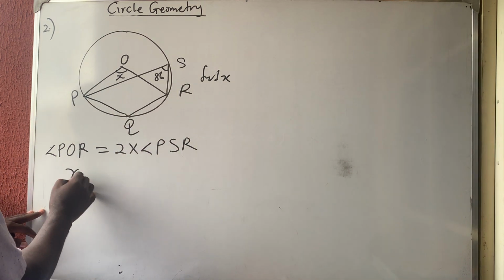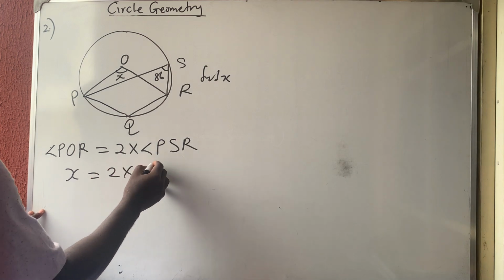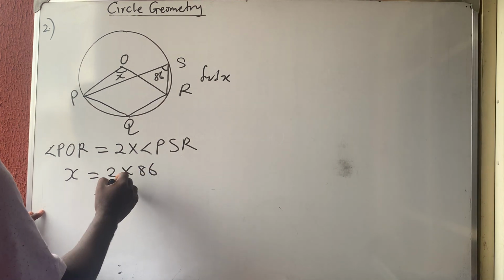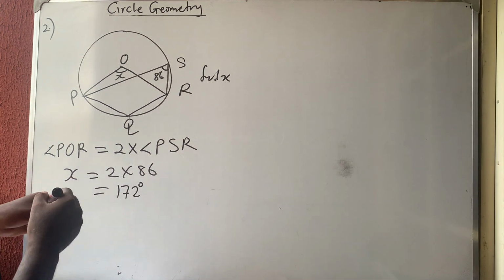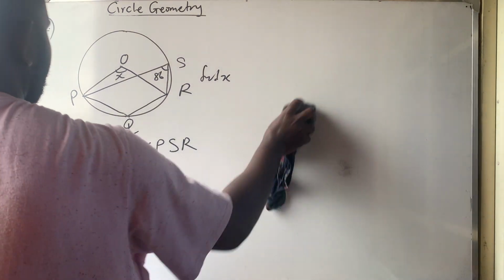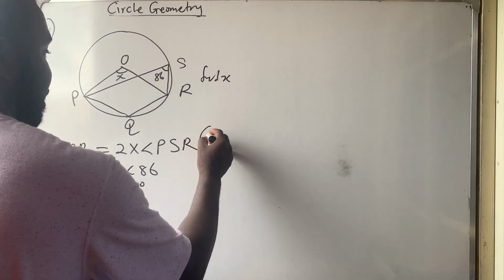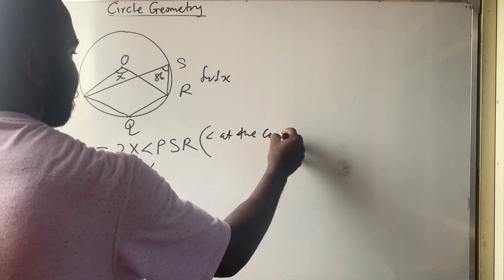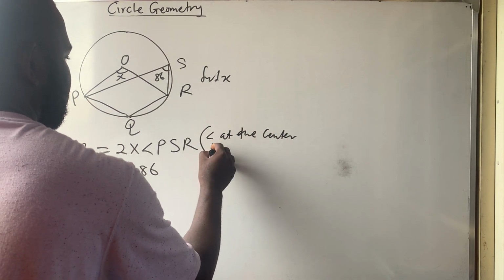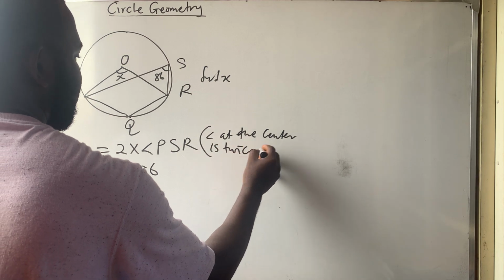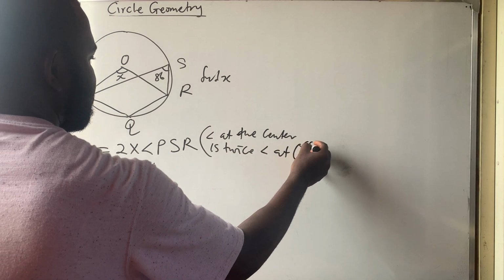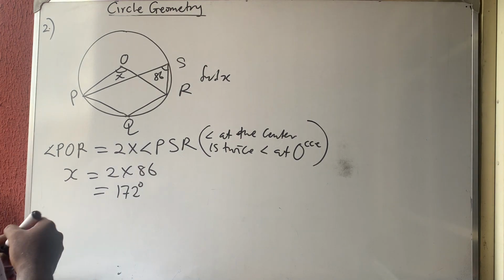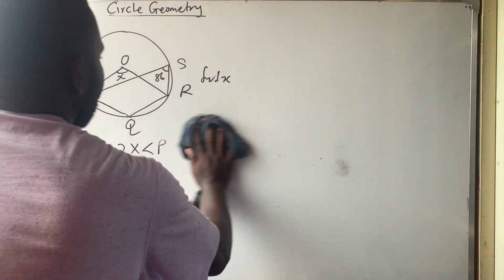So this x that I'm looking for is equal to 2 times 86, which is 172 degrees. Very, very simple. Don't forget that your reason is angle at the center is twice angle at the circumference. Okay. So question number 3.